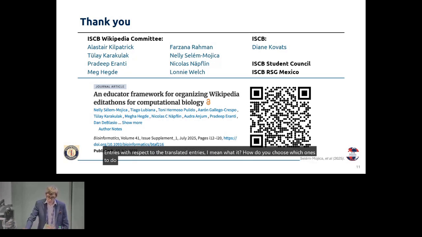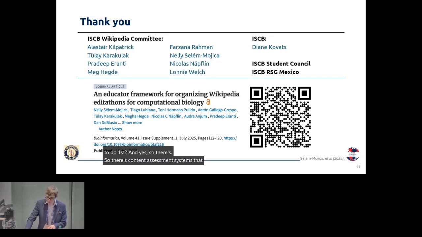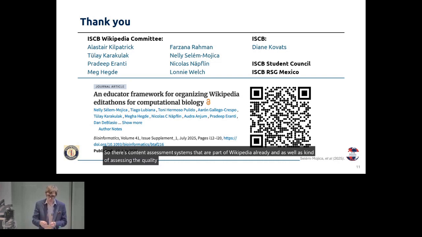There are content assessment systems that are part of Wikipedia already, and as well as assessing the quality of each article, there's also an assessment of the importance of the articles to computational biology. So we tend to use that as a measure of how vital these things would be in other languages. It's a little bit subjective, but as a system, that's the best that we have at the moment.